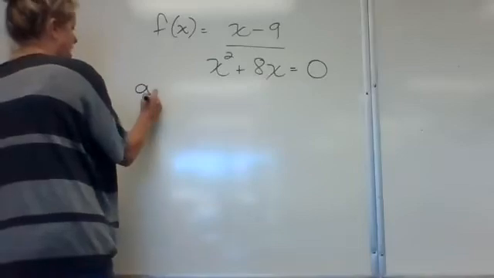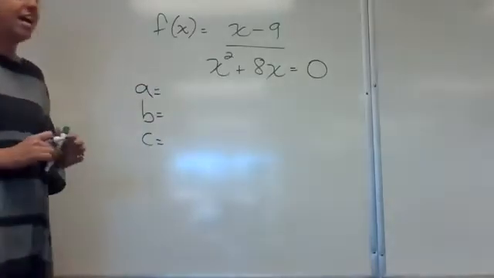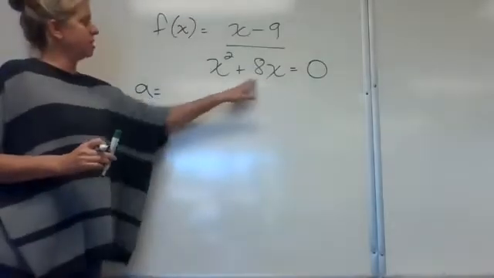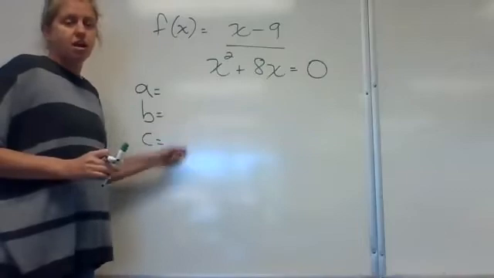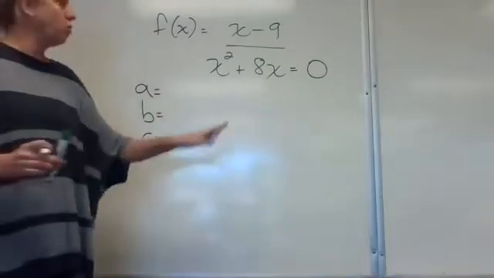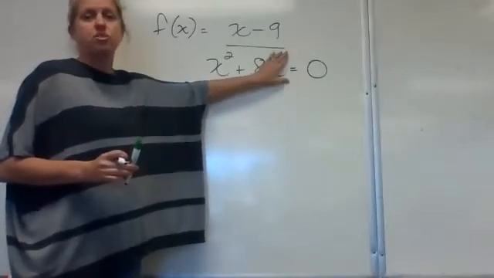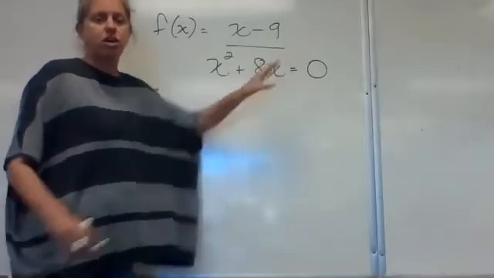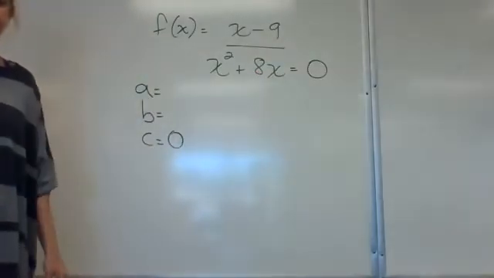Now, when you're going to quad, remember, you have to type in a number for A, B, and C. But when I'm looking here, I only see 2 terms, which means one of these is going to have to be a 0, right? I got to enter a number. So which one's missing? The constant is missing, right? The number that doesn't have a letter hooked onto it, which means your 0 is going to be that C.